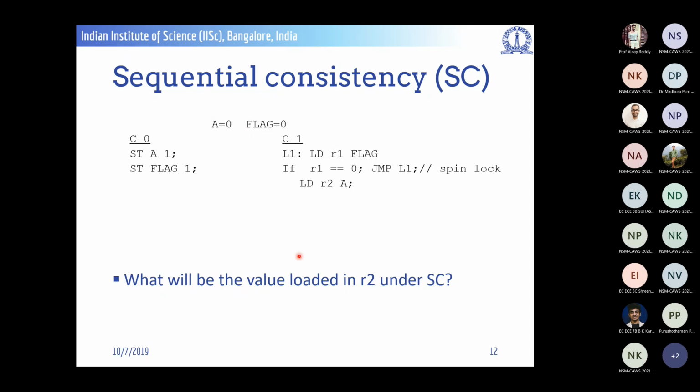Cache coherence said nothing about whether the value in R2 after execution of this application should be 1. But once you say that the system is also sequentially consistent, then because of the requirement of the sequential consistency memory consistency model, it becomes guaranteed that R2 will always contain the value 1.